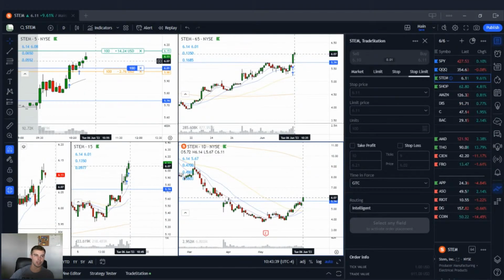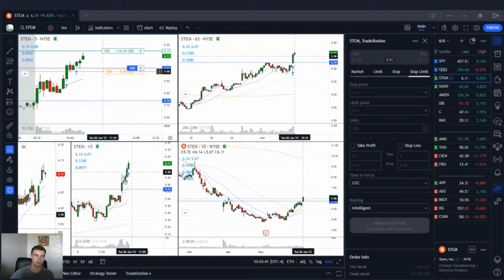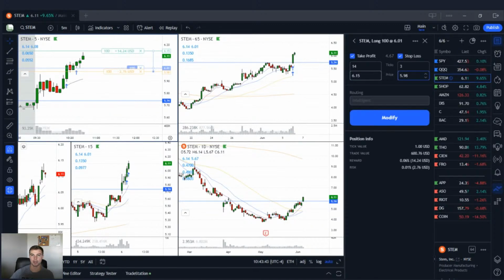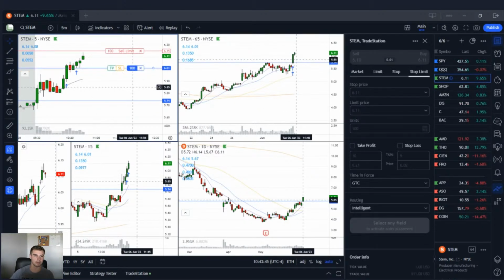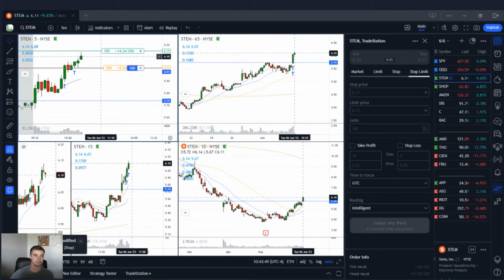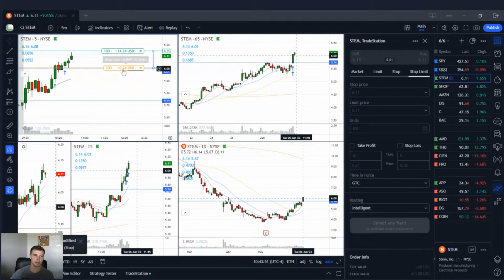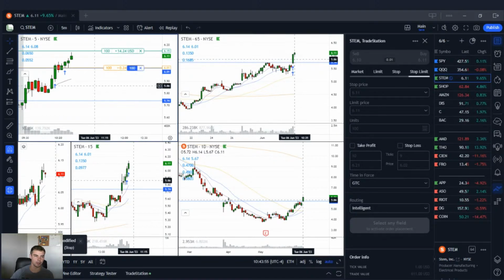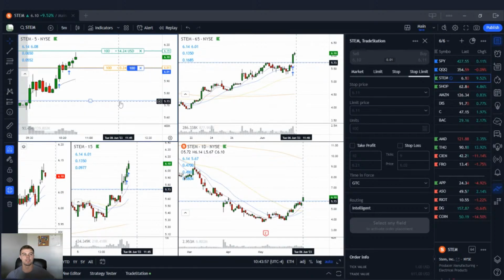Oh, guys, come on. STEM went 1 penny from target, and I'm actually gonna go break even on this. I'm not gonna lose on this at this point. Even if I get stopped at 601, it looks like I'll still make a little bit, just a little teensy bit more on the STEM.